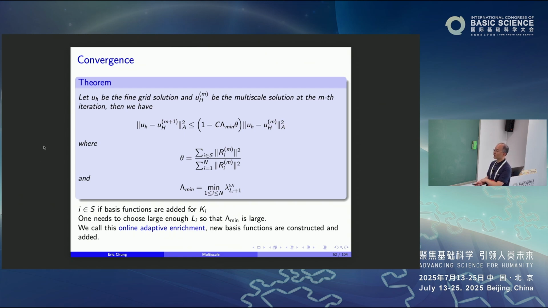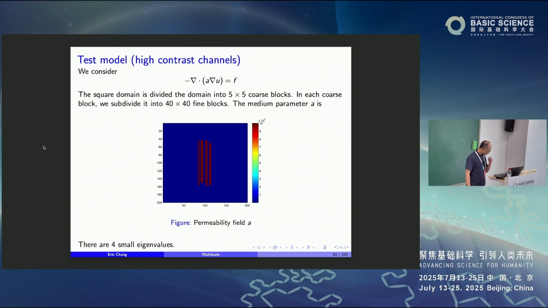If you consider the error at iteration m+1 compared with the error at iteration m, you see that the error is reduced by this factor over here. And this factor will be quite small, as you can see from the examples.